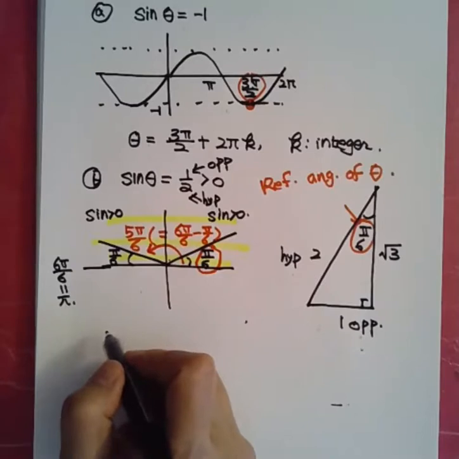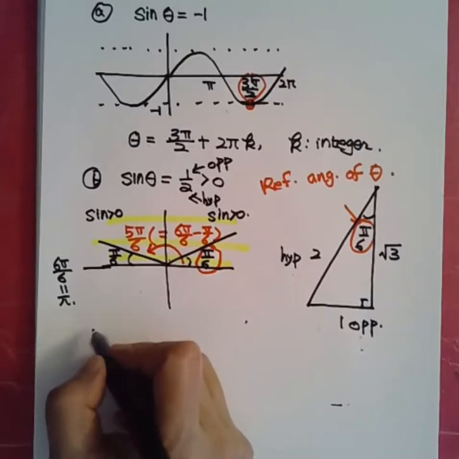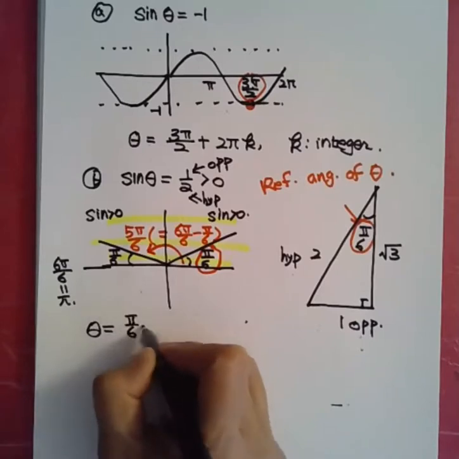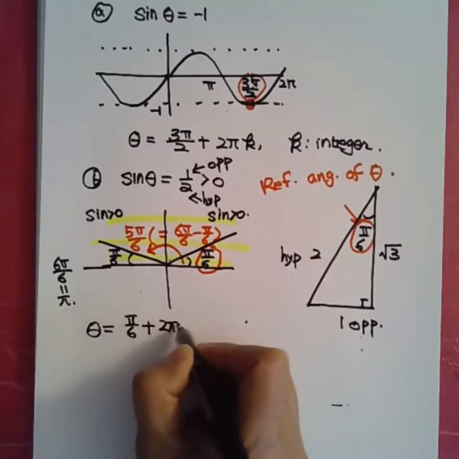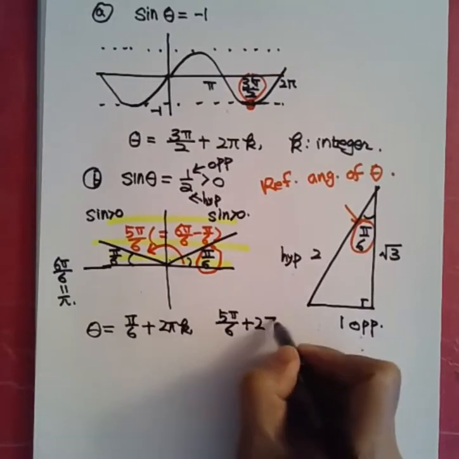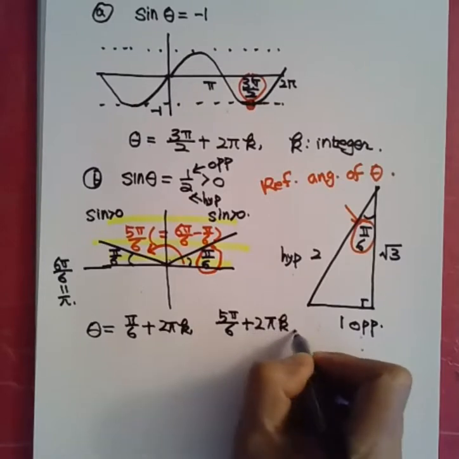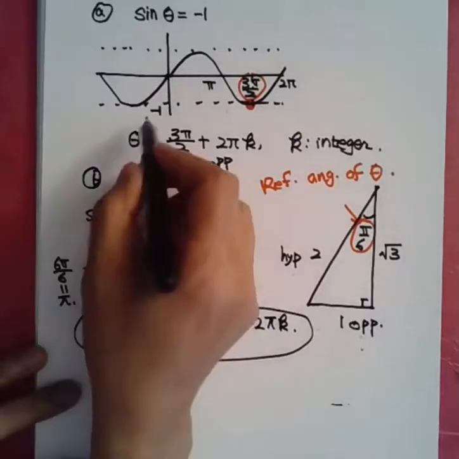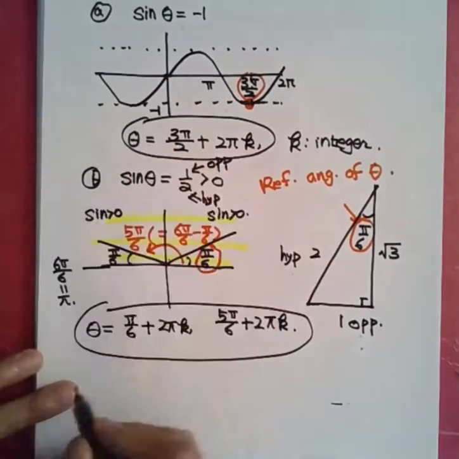So we have two solutions. Theta equals pi over 6 plus 2 pi k and 5 pi over 6 plus 2 pi k. Altogether, we have three solutions.